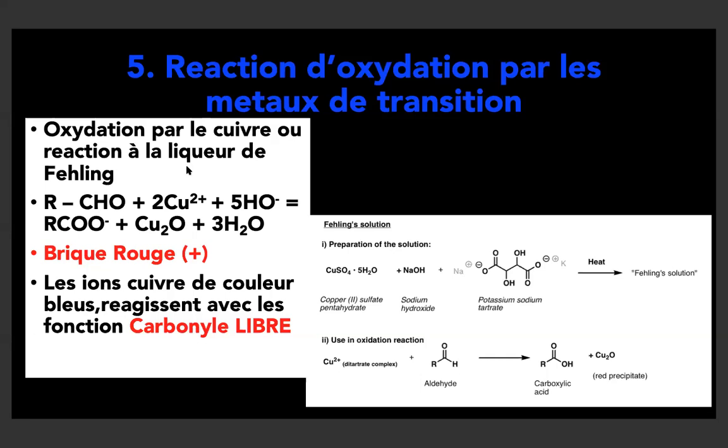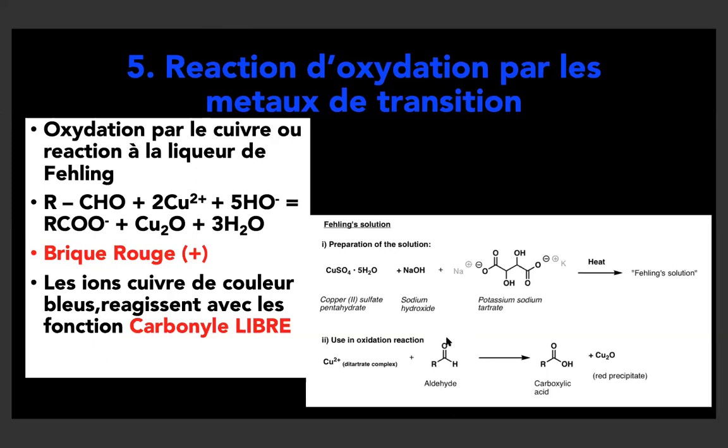So for those that asked this question, should I re-explain, or is it clear? No, re-explain. Okay. So we said for the reaction to take place, there is supposed to be satisfaction of two conditions. Condition number one: we are supposed to have an aldehyde.